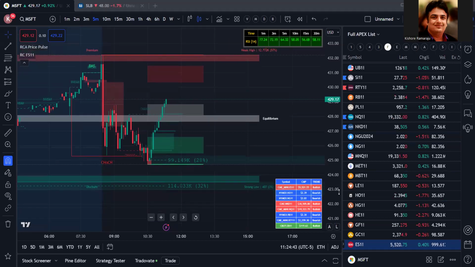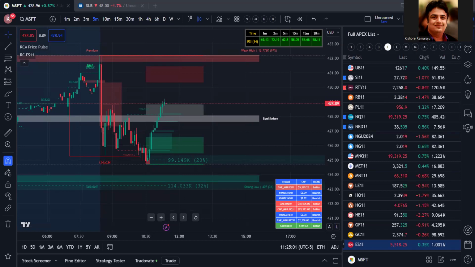I'll try to avoid nighttime sessions. We'll do setup sessions because nighttime price is, some days we'll have volume, some days it will be choppy. So if we take the trades, we have to wait for so much of time. The only thing you can do is at 8 o'clock, 8 central, watch for gold, silver, platinum. If they are at the bottom or if they are at the top at that point of time, there will be a reversal.